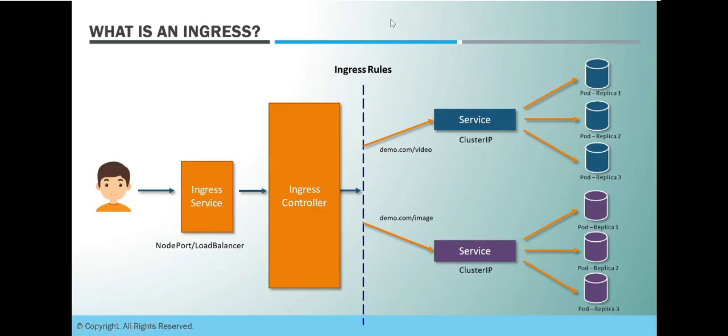Whenever you create an ingress rule, the ingress controller monitors those rules and registers an entry in its configuration file based on the backend rules that you define in the ingress rule, and based on that it does the routing job.